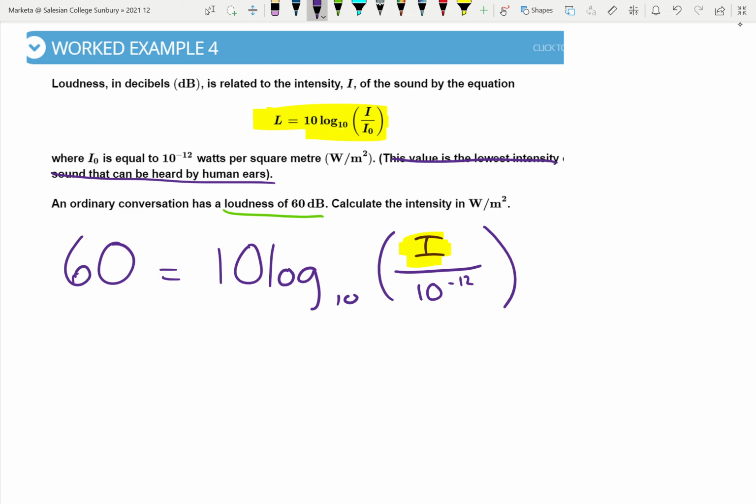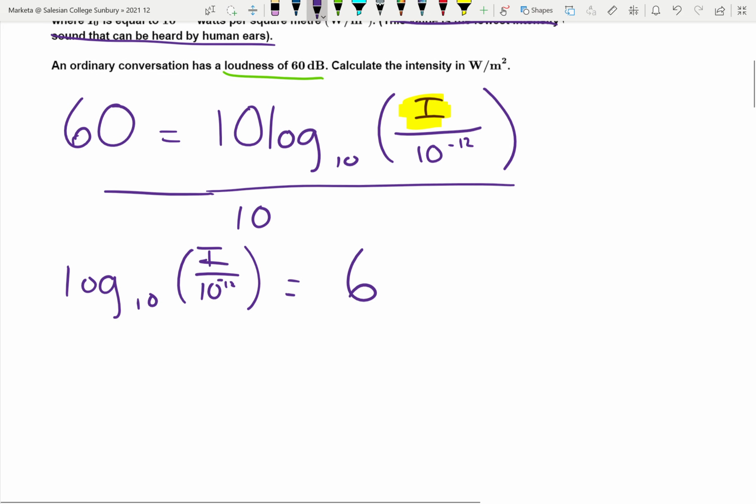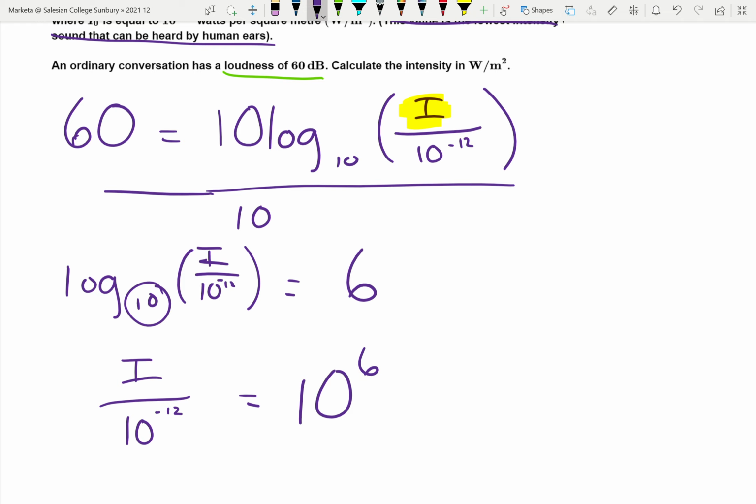So I'm going to divide by 10 on both sides. So I get log 10 of I over 10 to the negative 12 equals 6. And then now I'm going to take that 10 here and undo the log, which will give me I over 10 to the negative 12 equals 10 to the power of 6.